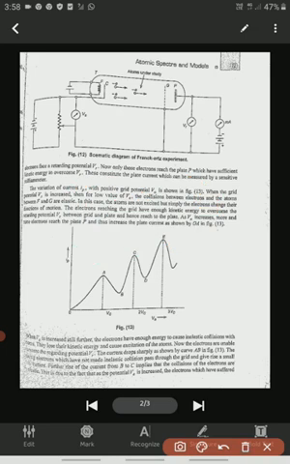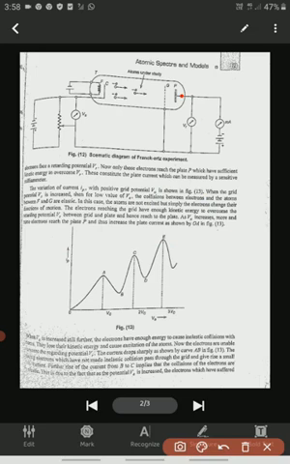Next, this is a grid. The distance between the grid and the plate is very small, and this is a positive plate. When we increase the potential of this positive plate, the electron speed increases. What is the reason?